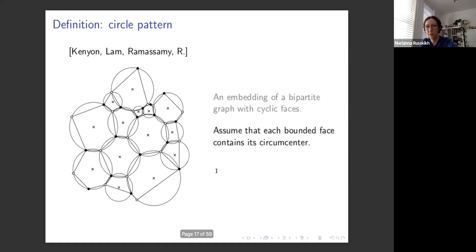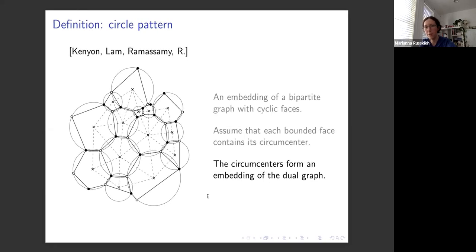Assume also that each bounded face contains a corresponding circle inside it, like shown in the picture. Then clearly we also have an embedding of the dual graph, right? If we just take the centers of this circle pattern, it gives us an embedding of the dual graph.